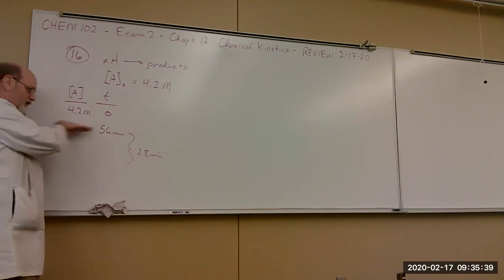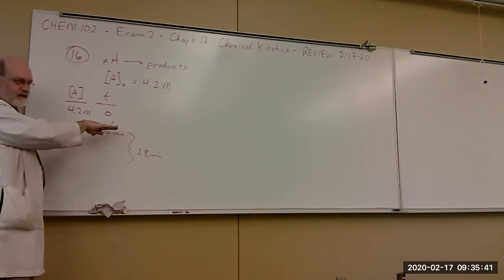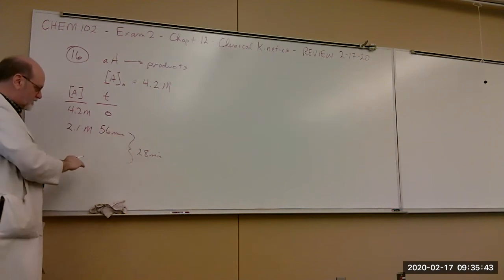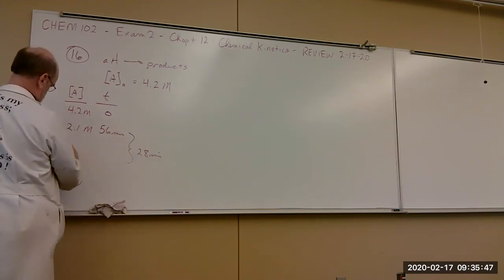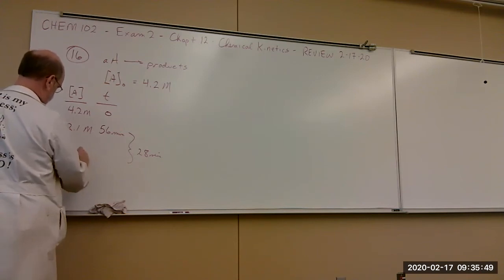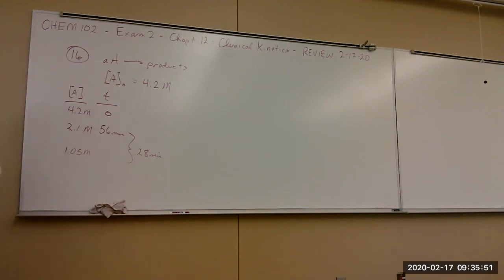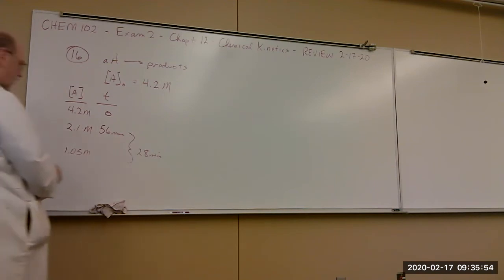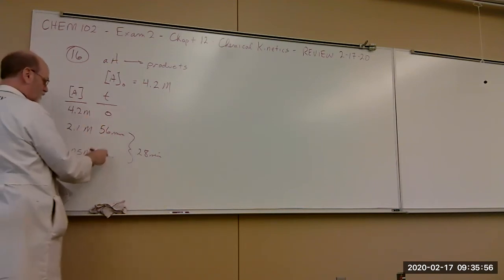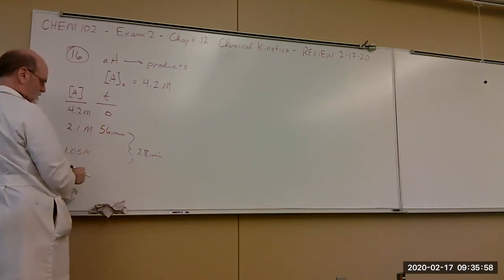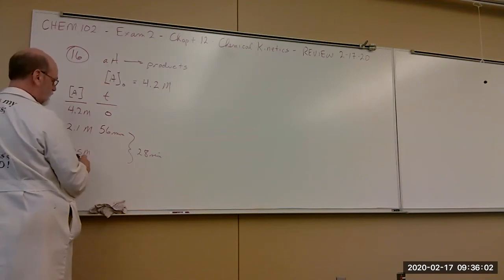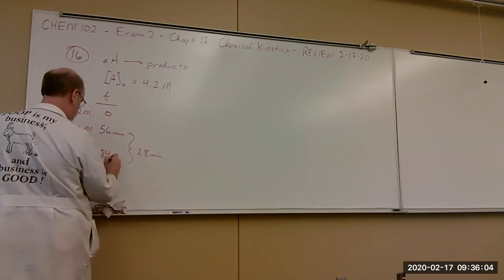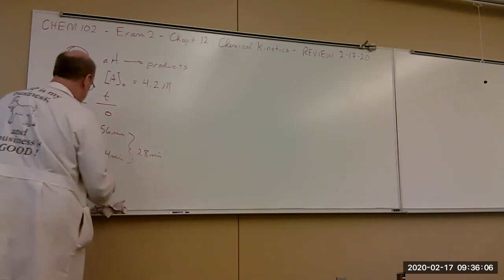The second half-life starts here. And it goes for 28 minutes. And the concentration will be half of that, right? 1.05 molar. Yeah, 1.05. But the time here is what? 56 plus 28, right? Says 84. Yeah, 84. Now we have our table.